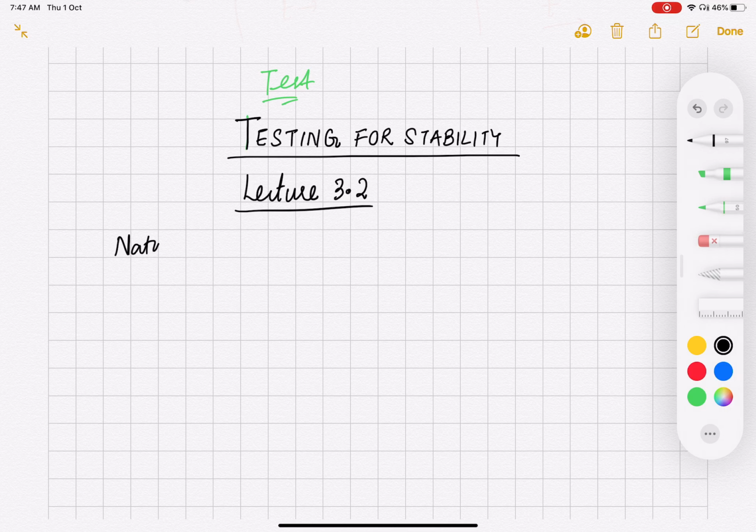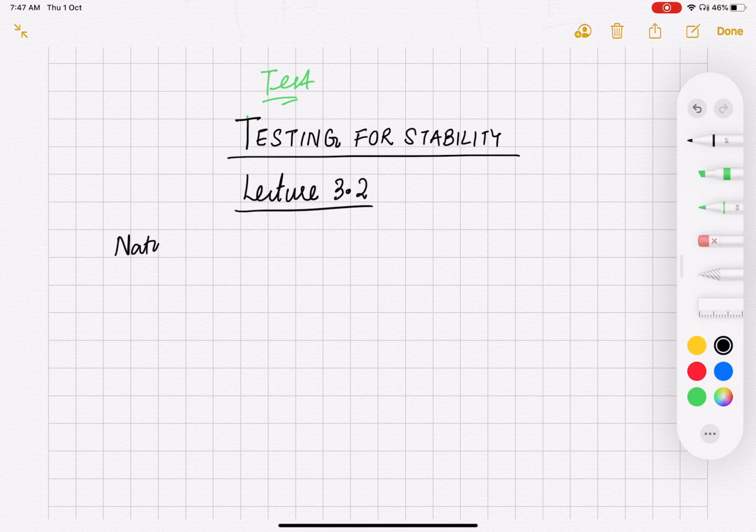We have also seen that if the poles have negative real parts, that is, they lie in the left half plane. If all the poles have negative real part, all of them lie in the left half plane, then the system is stable, right?